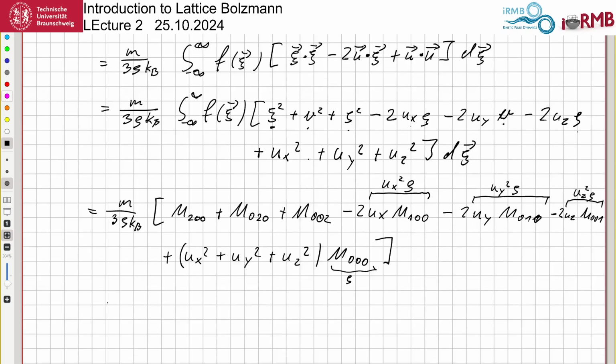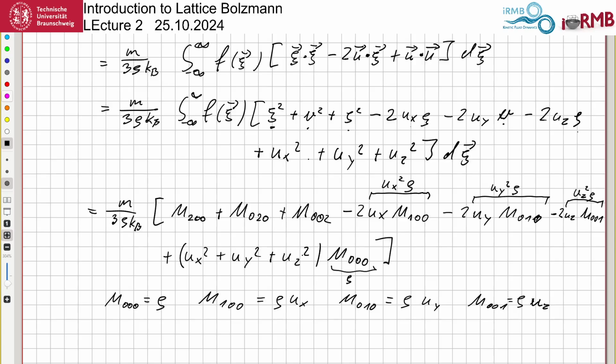I have the feeling I have to speed up a little. m000 is rho. m100 is rho times ux. m010 is rho times uy. And m001 is equal to rho times uz.